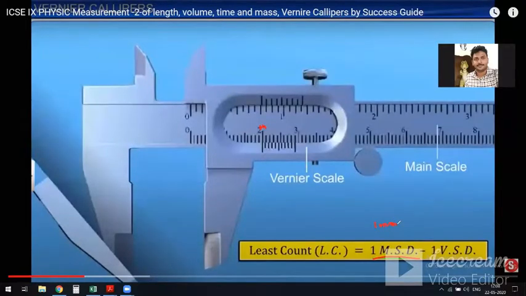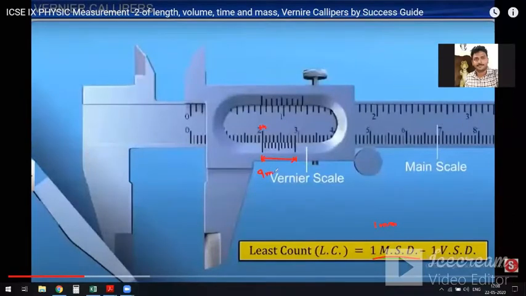So this was the smallest value, minus 1 vernier scale division. Now how much is a vernier scale division? Yesterday I told you that this distance is 9 mm. Did you understand? This distance is how much? 9 mm.